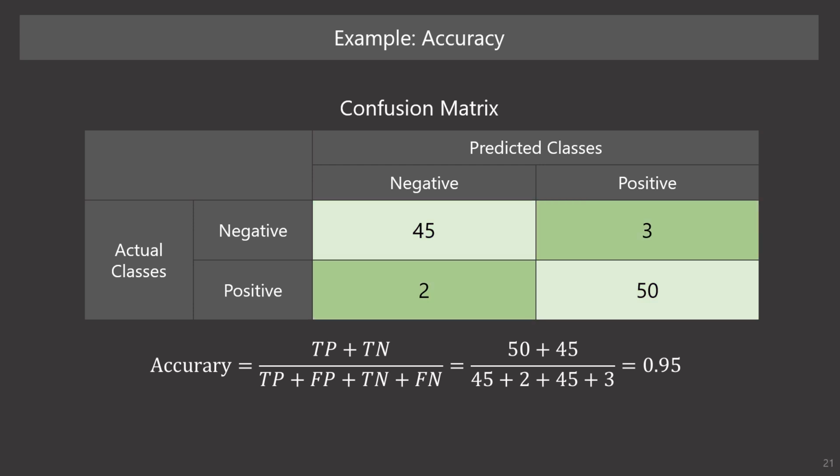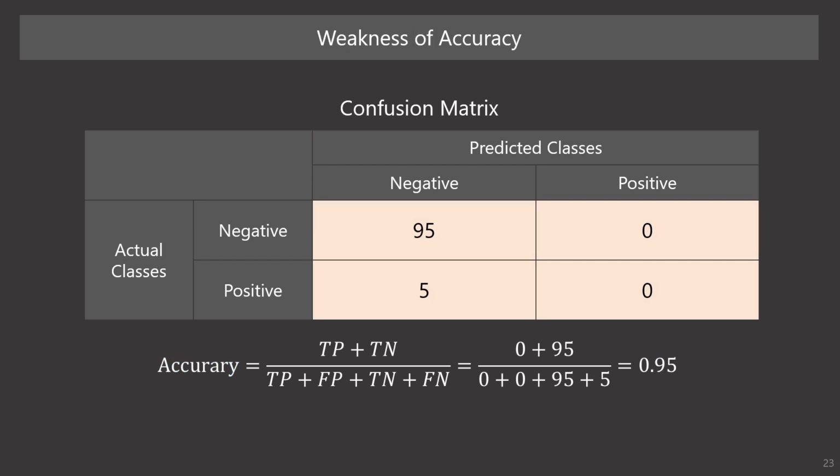And 2 of them are false positives, and 3 are false negatives. In this case, the accuracy score can be computed by this equation, and it is 0.95. So, 95% of the observations are correctly classified. The model achieved a good classification, isn't it?